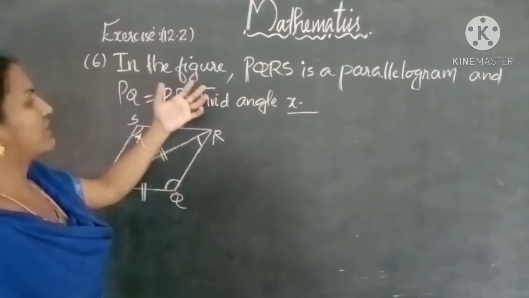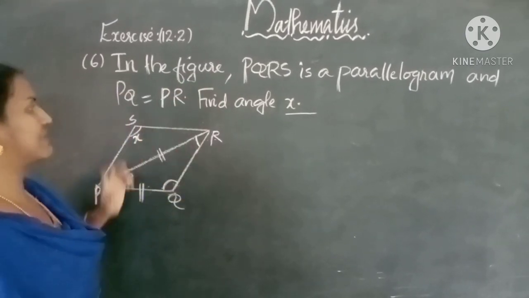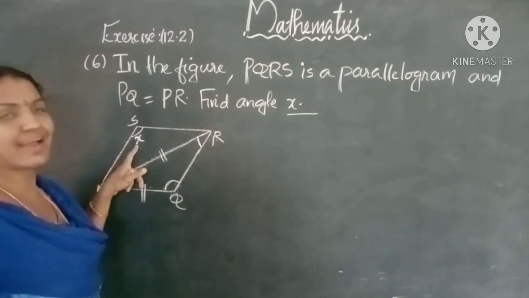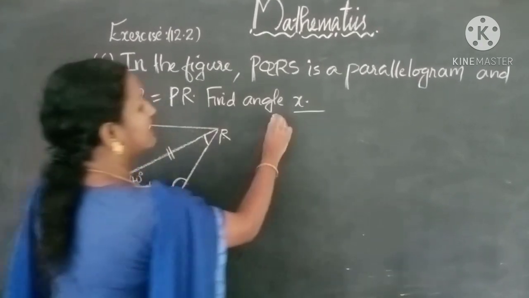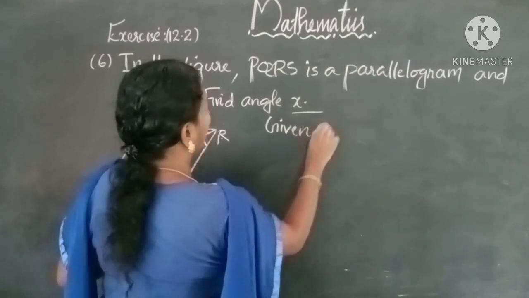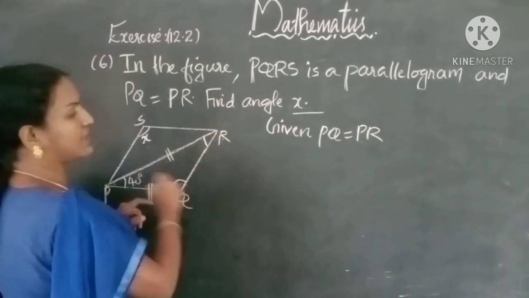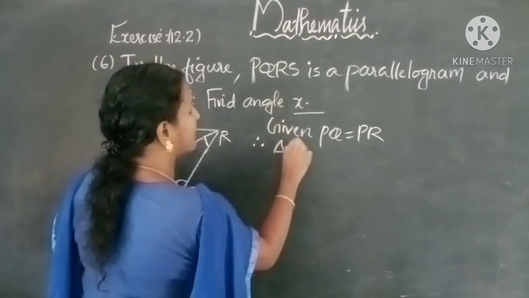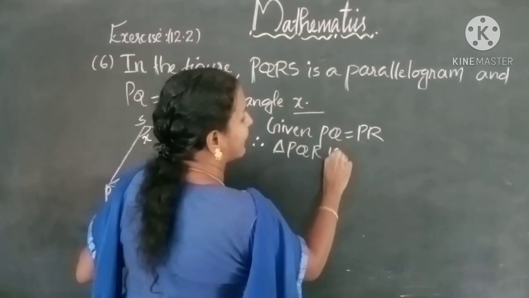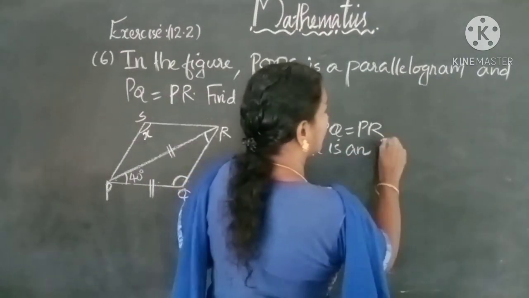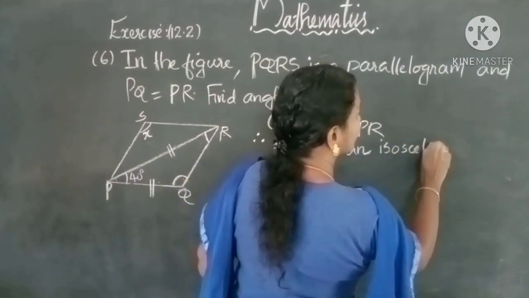Question number 6. In the figure, PQRS is a parallelogram. PQ and PR are equal. Find angle x. Given PQ is equal to PR. Therefore, triangle PQR is an isosceles triangle, as two sides are equal.